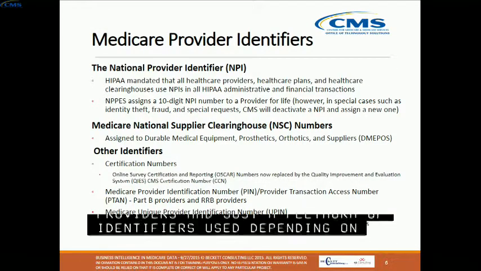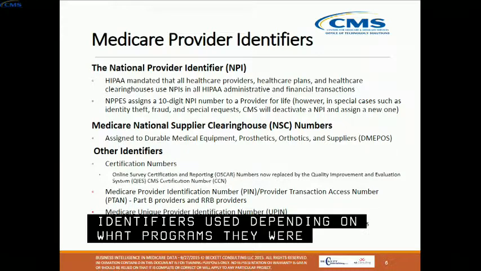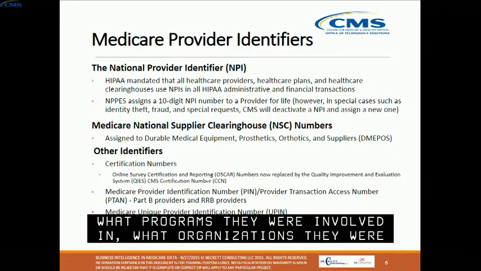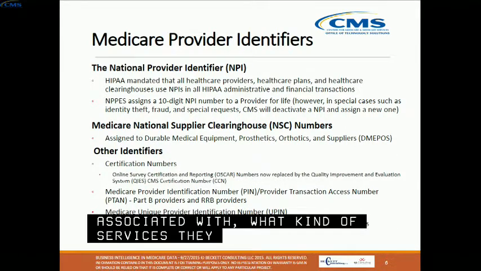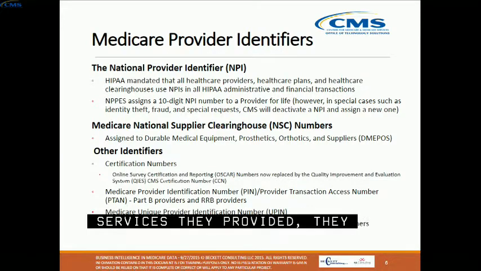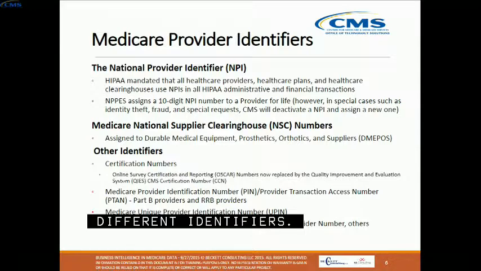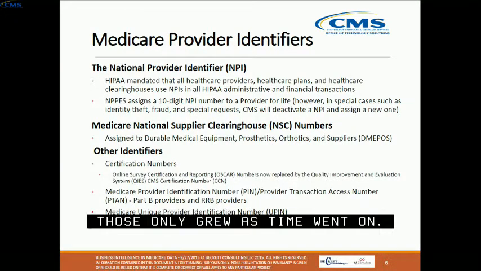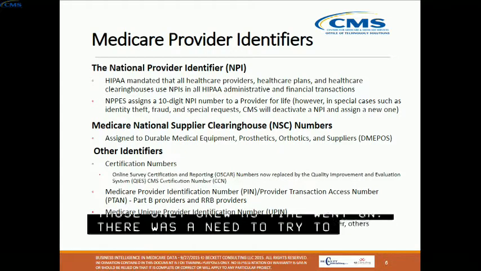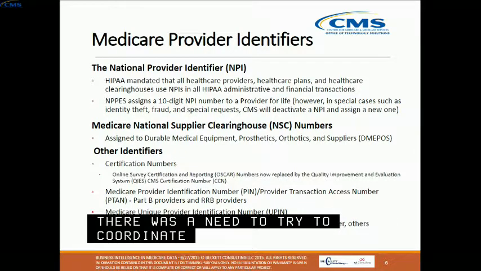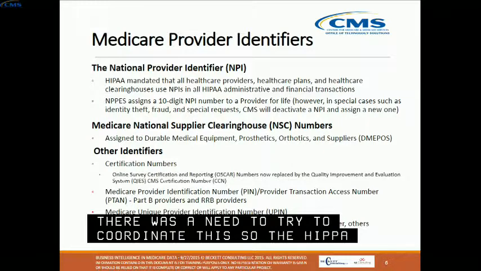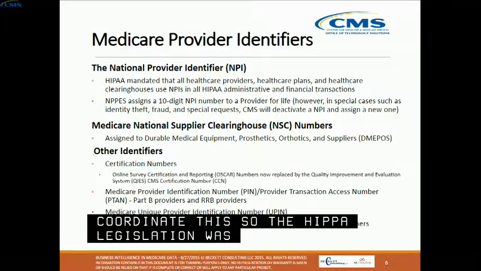They could have 5, 6, 7, a dozen different identifiers. And those only grew as time went on. So there was a need to try to coordinate this. So the HIPAA legislation was designed to assign one national provider identifier to a uniquely identified provider.